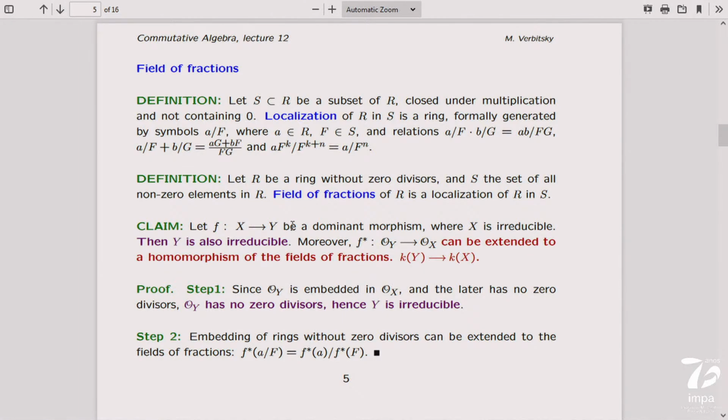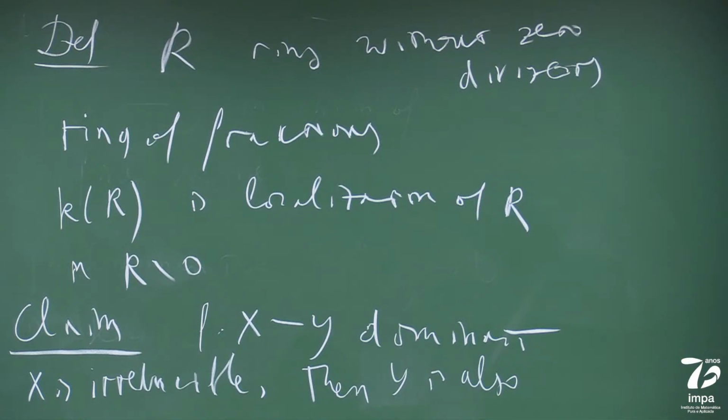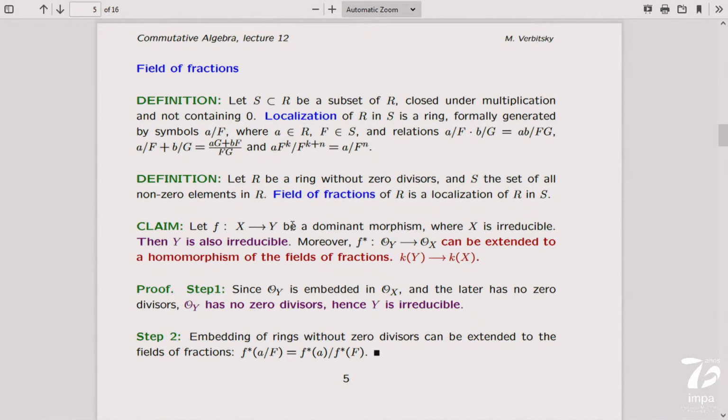Then Y is also irreducible, and f star from O_Y to O_X can be extended to fields of functions.